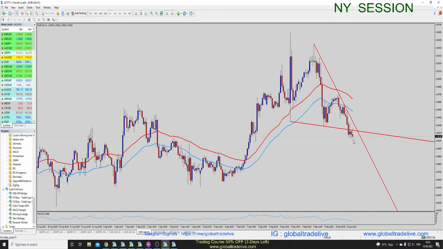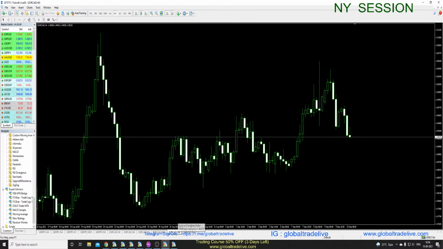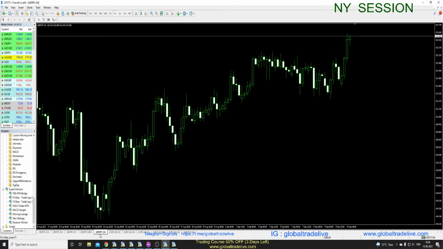Oh, EuroCAD is really doing good at this point. Nice. EuroCAD just broke the low of the previous 4-hour candle. Now with volume it can really push down. GBP/JPY is also about to break the high of the previous candle. With volume it can really push up.